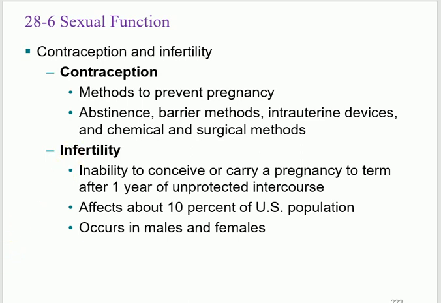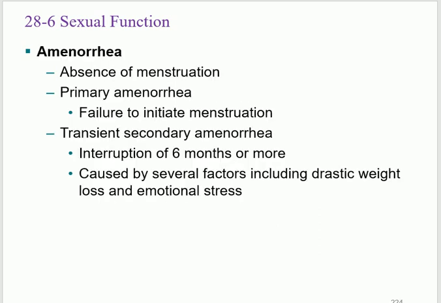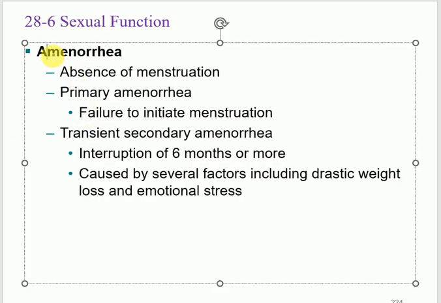For females, there is amenorrhea. We talked about menstruation already, the sloughing of the functional zone of the endometrium. A means no, menorrhea is menstruation. There is no menstruation. There are two types.